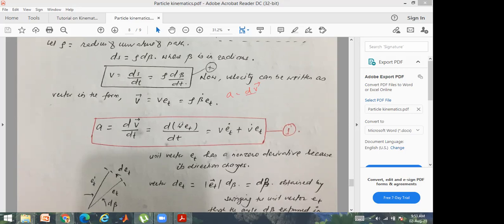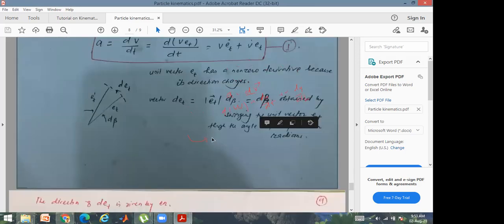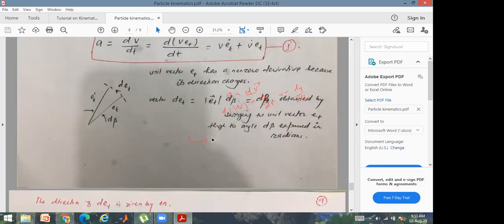So using the product rule uv, u dv by dt plus v du by dt, you will get v dot et plus v et dot. Right? This is what you will get.